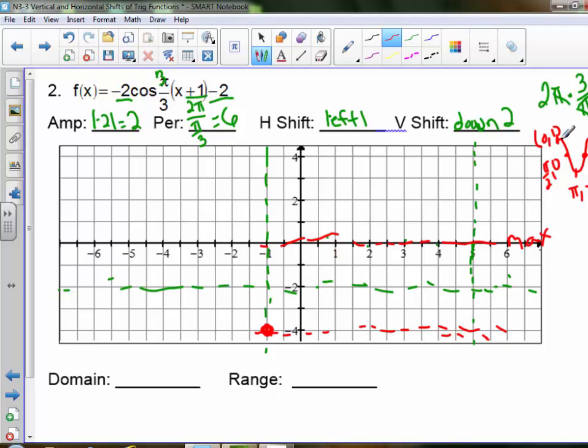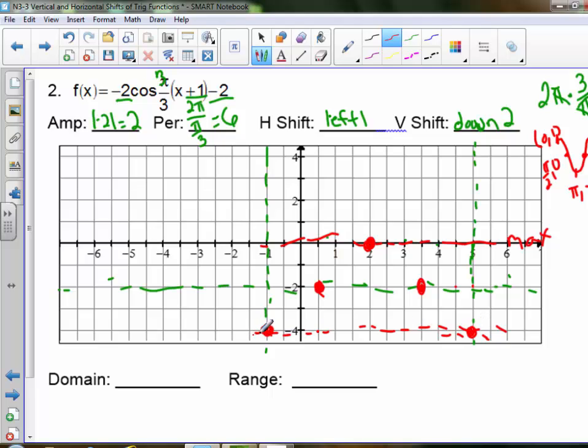Because this first one was our 0 point, that's going to be on our horizontal axis. So from here 1, 2, 3, and that's where our second point would be. And then we'll go 1, 2, 3, and we said we'd be at our maximum. Then 1, 2, 3, we'll be back to our 0. And then finally 1, 2, 3, we'll be back down to our minimum.